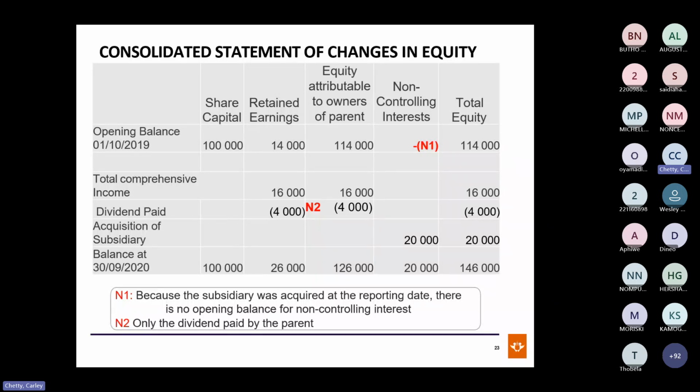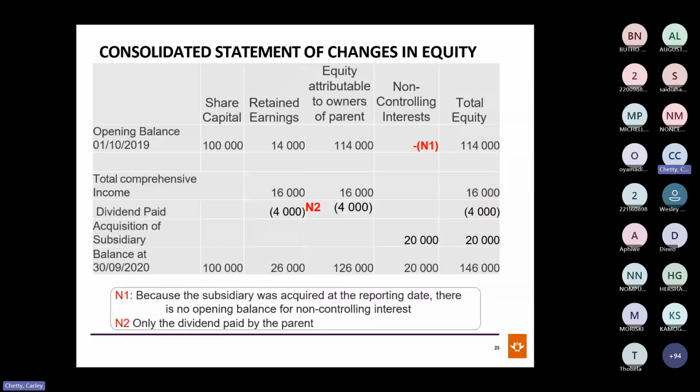So on the last day of the year, P acquired 80% in S. So that is why there's no opening balance for non-controlling interest, because there was no non-controlling interest at the beginning of the year. The acquisition of the subsidiary happened later on. But let's have a look at this whole statement here. So we have share capital. This is P share capital.